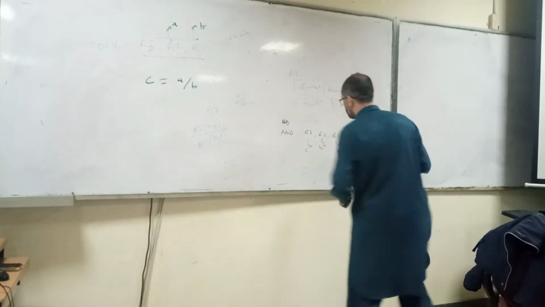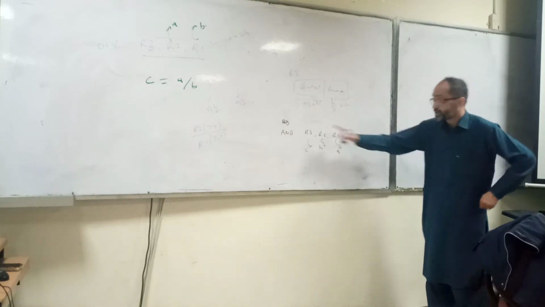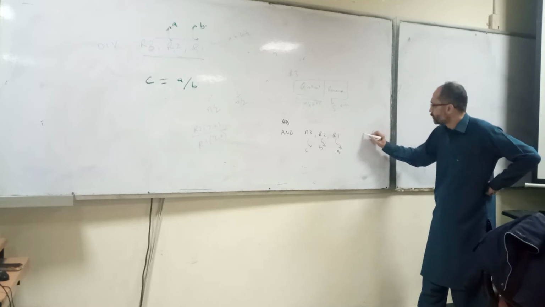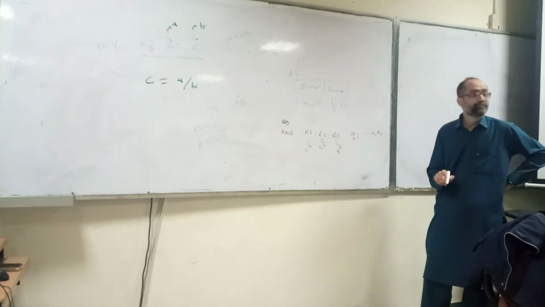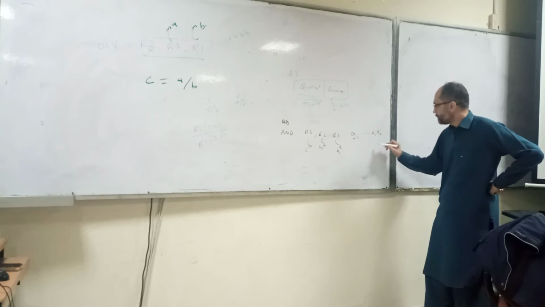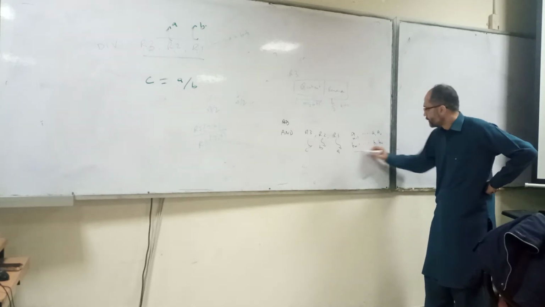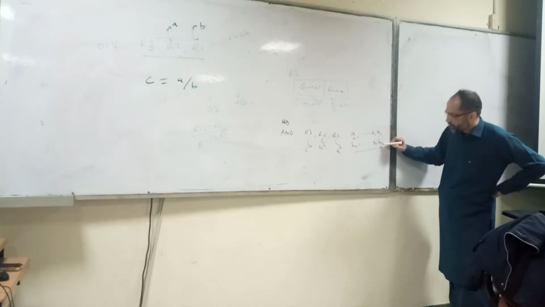In this particular example, we are using the register addressing mode. So if we have A, A0, A1 up to An-1, if A is n bits, and B0, B1 up to Bn-1, it will perform bit by bit, so A0 with B0.